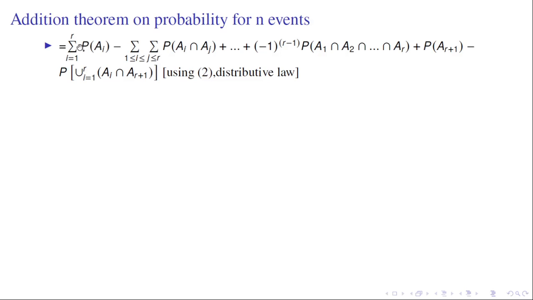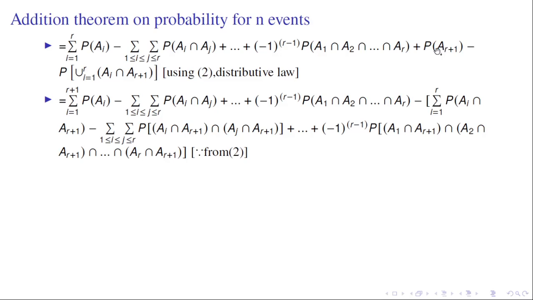This is up to this, we have union of i equal to 1 to r, from equation 2. This is plus the second term A r plus 1 minus, we can write this as union of intersection terms up to r. This is from the distributive law.